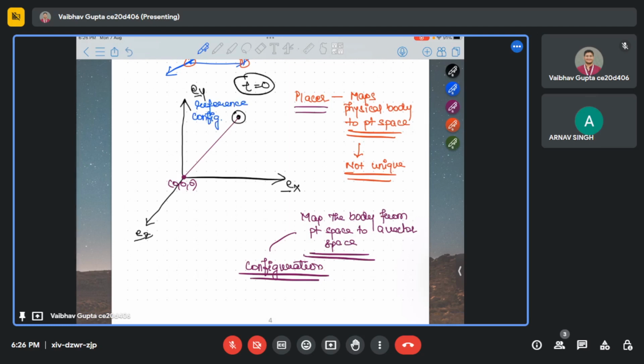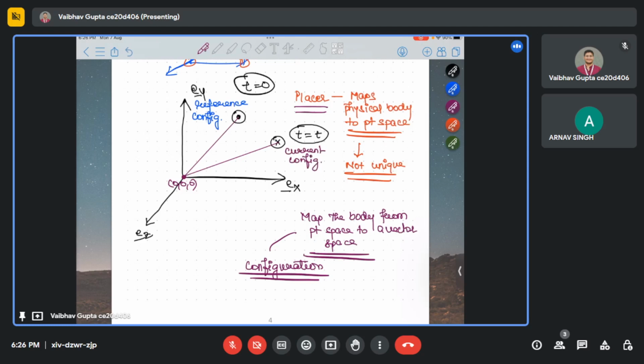Now suppose the body, at time t equal to 0, moves to some other point. Now x is that point at time t. Again we map that body from point space to vector space. Now we say that this configuration is the current configuration of the body, the current position of the body at time t.